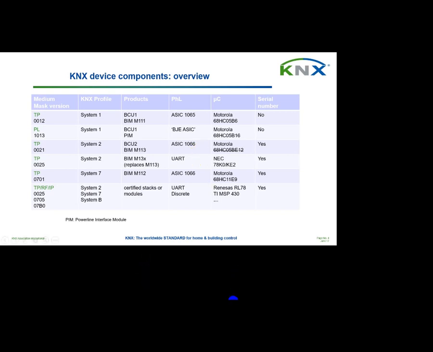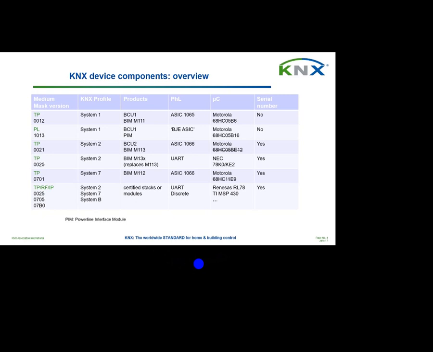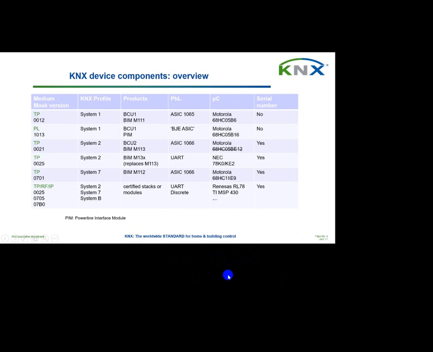The products used, so the specific hardware, is actually what is a bit different. It means this is now open and is based on so-called certified stacks or modules. Because there are now KNX members, so plural, that can offer these certified stacks or modules.